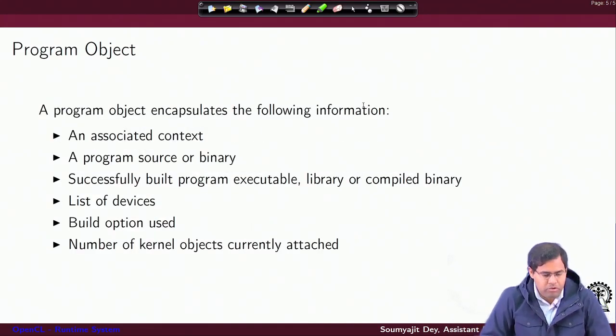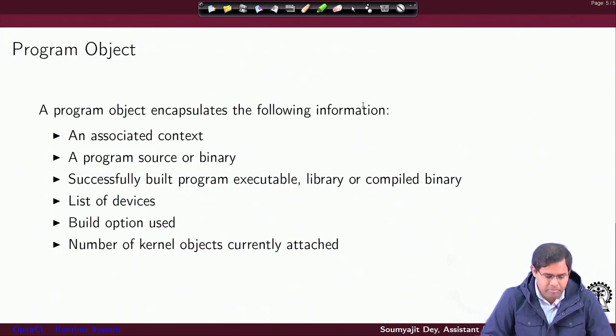So, what essentially is there in that program object? It is just like an encapsulation of the following information. It would necessarily need a context, so the program object is associated with this context. That means it can access the data buffers and devices on that context. It can be enqueued in the command queues which are on that context.